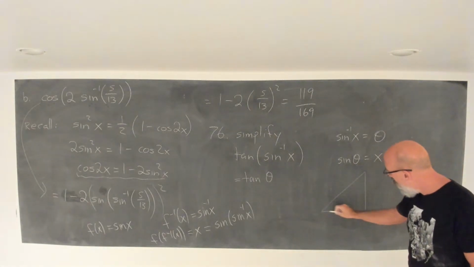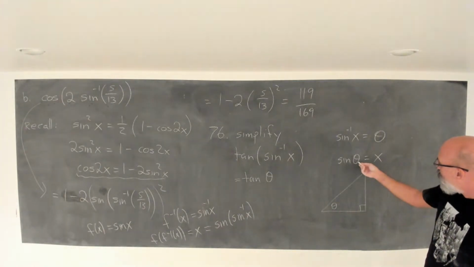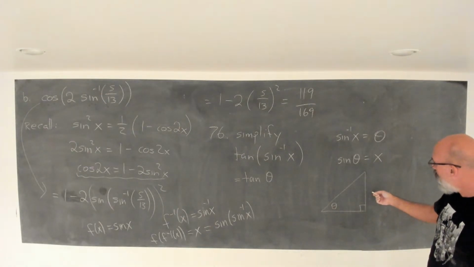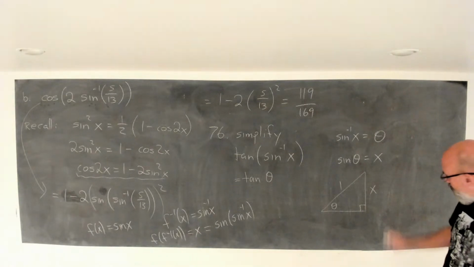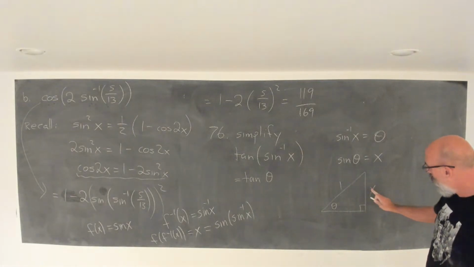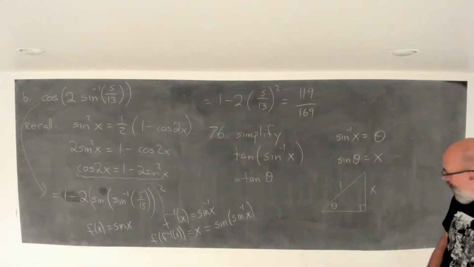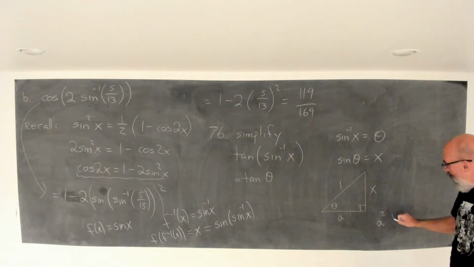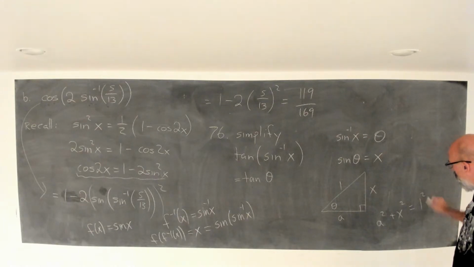So let's draw a right angle triangle where the sine of this angle is x, but sine is opposite over hypotenuse. So x over 1. Pythagorean theorem to work out the remaining side. You know what that is. A squared plus b squared equals c squared.